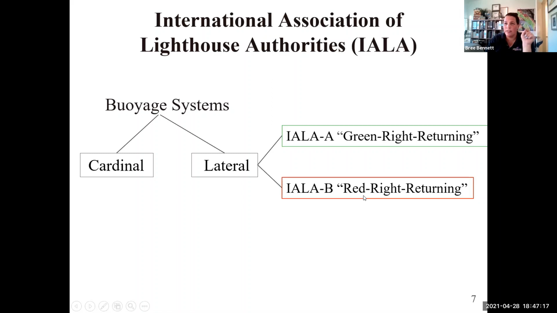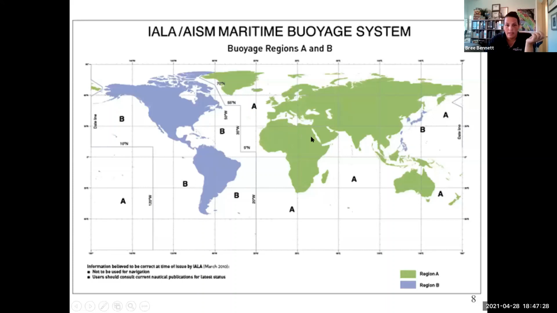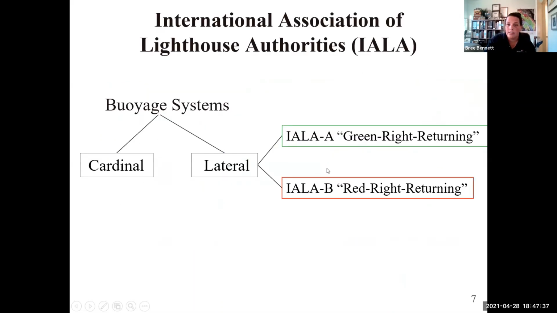Has everyone heard of the red right returning poem or phrase? People say it a lot. If you are in Europe or anywhere else, Australia, South Pacific, you're going to be in IALA A, which is our green right returning.